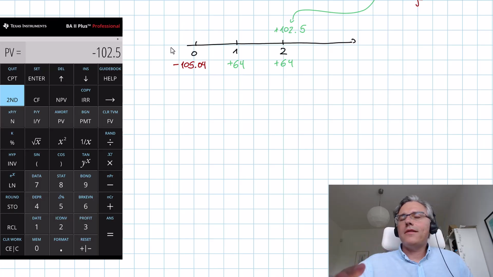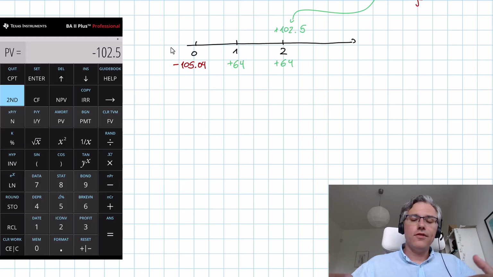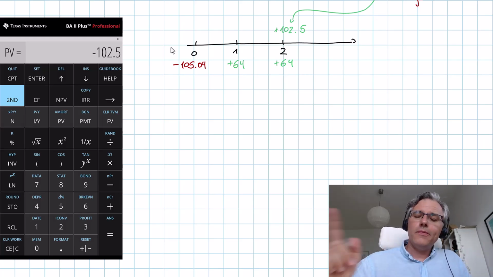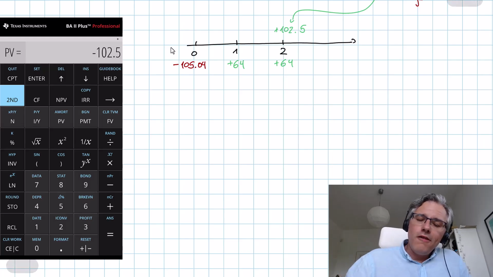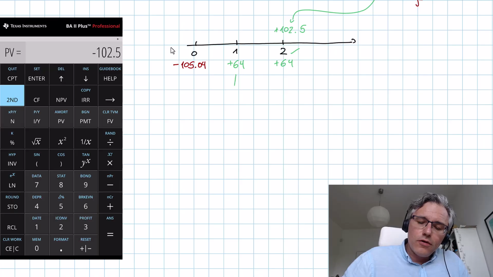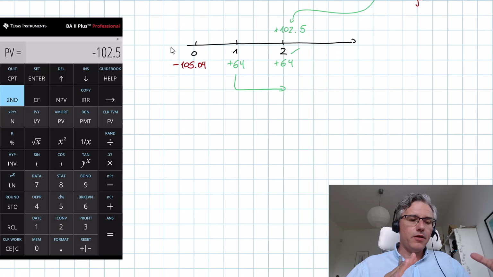Now I've made this example extreme because I wanted to get something that we can learn from without doing too many elaborate calculations. Because the thing about this example is, if you sell at the end of year 2, this first coupon will only have 1 year of reinvestment period.